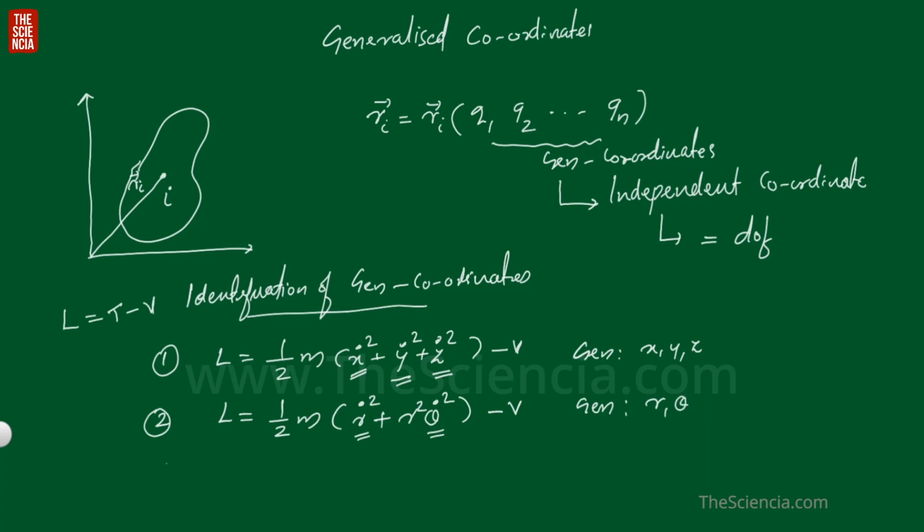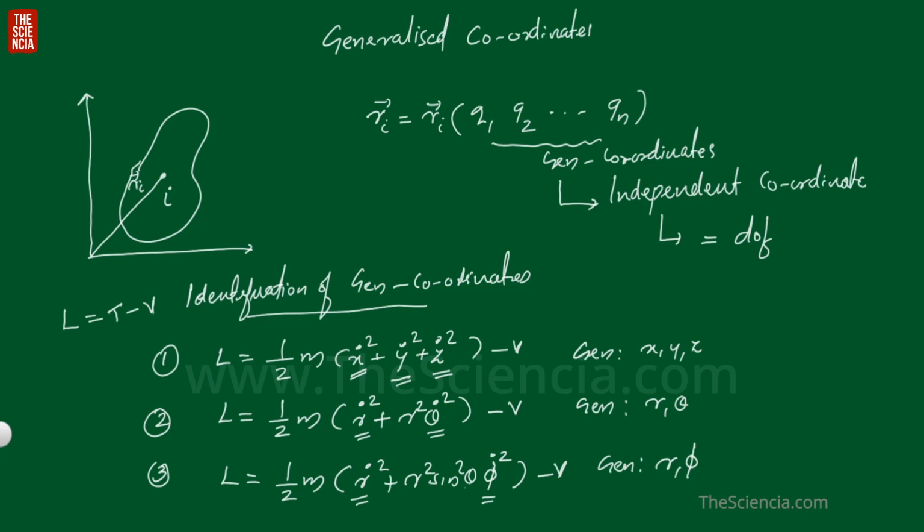And one more example, that is L equal to 1 by 2 m (r dot square plus r square sine square theta phi dot square) minus V. Here, what are the generalized coordinates? This one and this one, that is r and phi. And theta is not a generalized coordinate here.